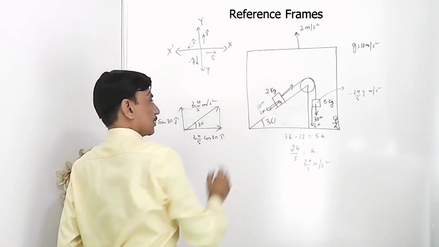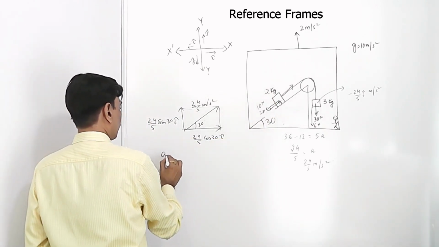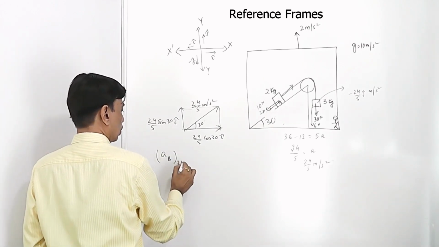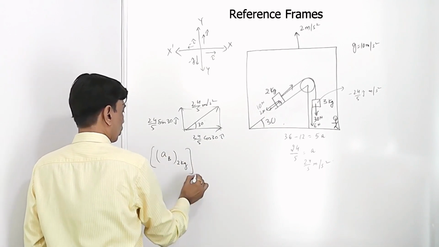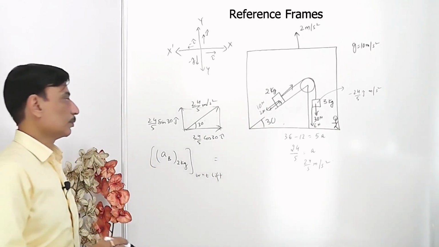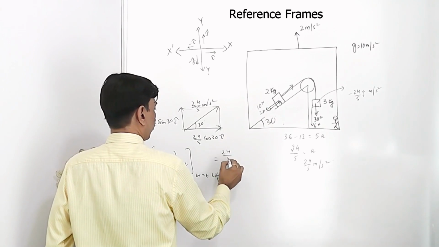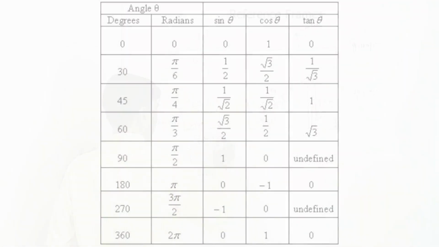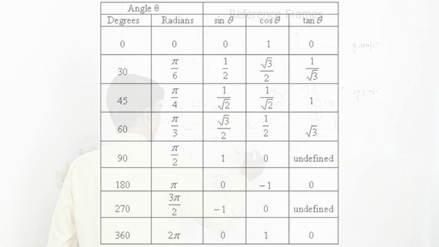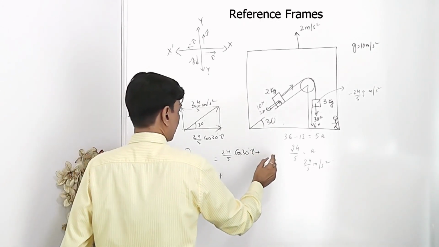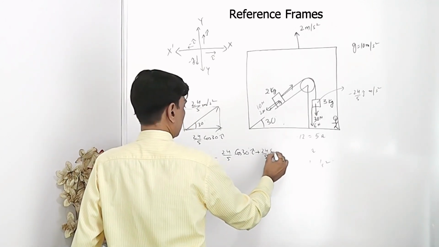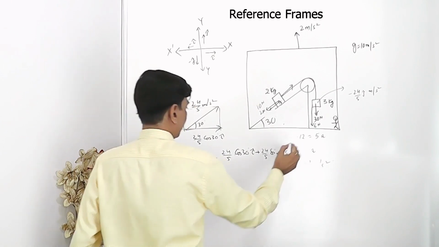So the acceleration of block of mass 2 kg with respect to lift is equal to 24 by 5 cos 30 degree i cap plus 24 by 5 sin 30 degree j cap.